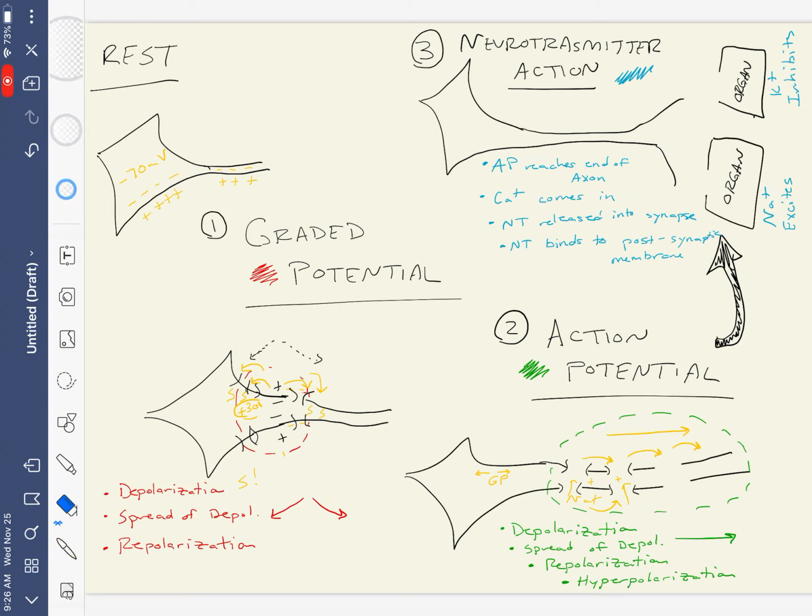Just like we talked about with the graded potential, after the first sodium channels open, and they stay open long enough for the next area to open its sodium channels, then we close the sodium channels, inside goes back to being negative. That is repolarization. Just like the wave.